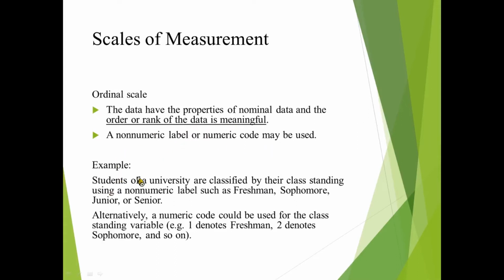You can see the example: your first year, second year, like freshman, sophomore, junior, senior. Order means rank. 1 is freshman, sophomore is second, junior is third, senior is 4. They have an order, a rank.